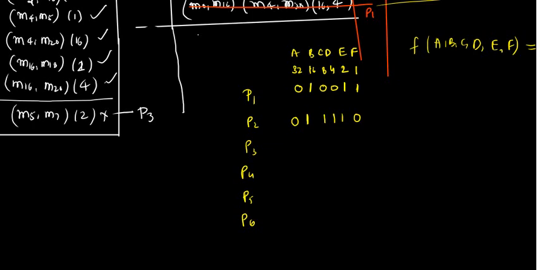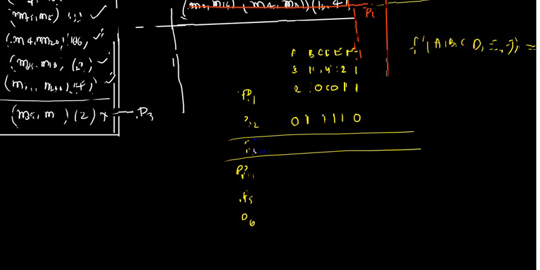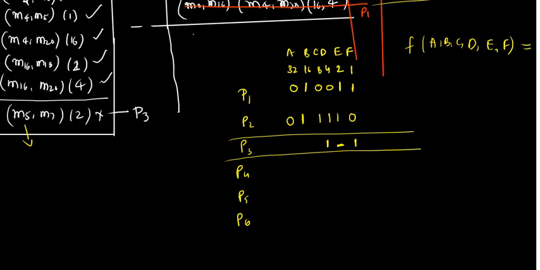So 3 is 2 dot, right? And now you want the M5 value. The 5 value would come by putting 1 here and 1 here, and the rest is 0. Correct? So this implicant is B.